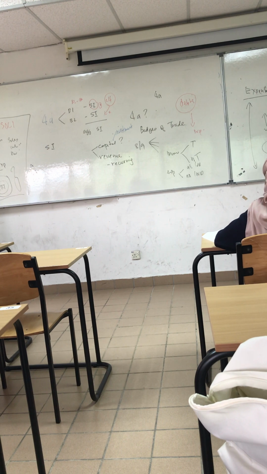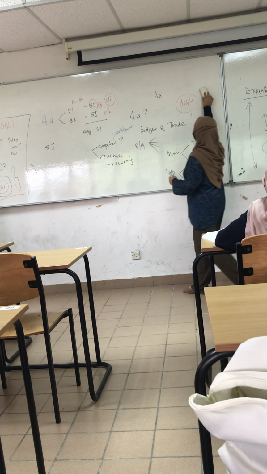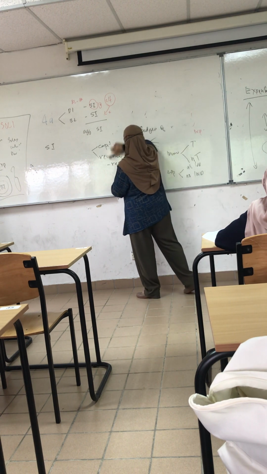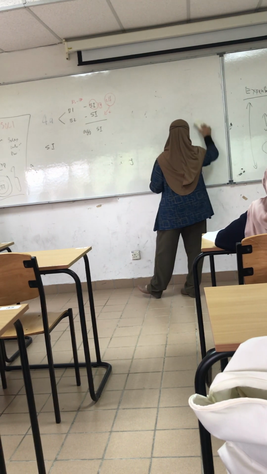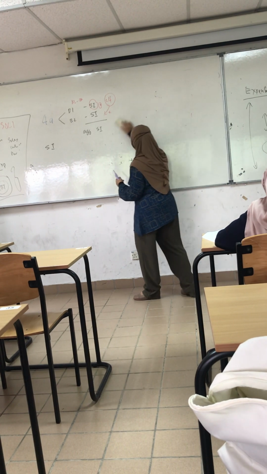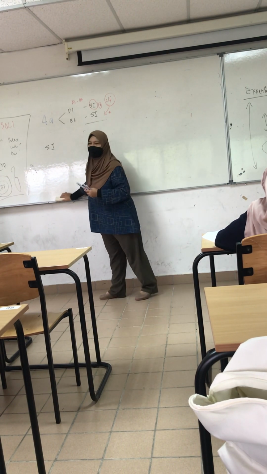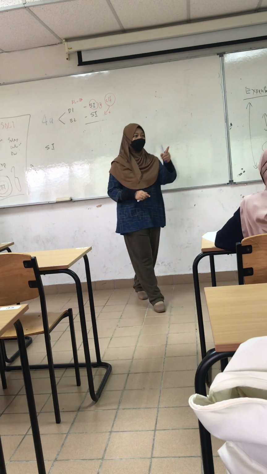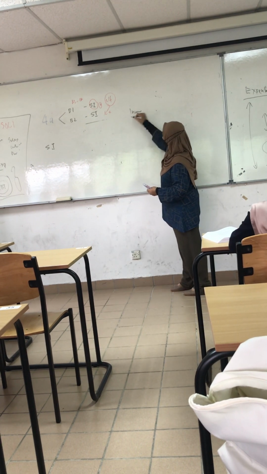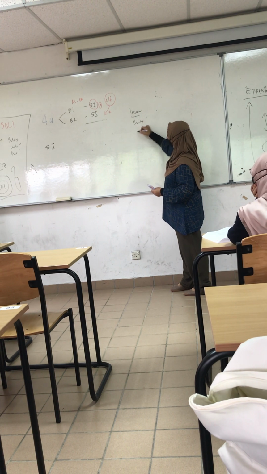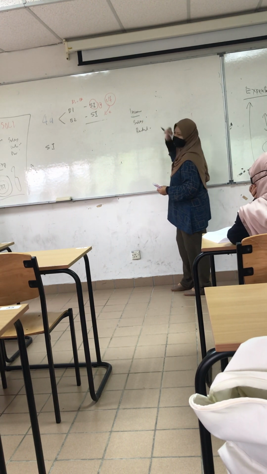So let's make an example. You have a business, right? You have a trading business, but at the same time you have a property. And from that property you derive your rental income. Okay? Right? So you ada dua income. One is from sales, the other one from rental.